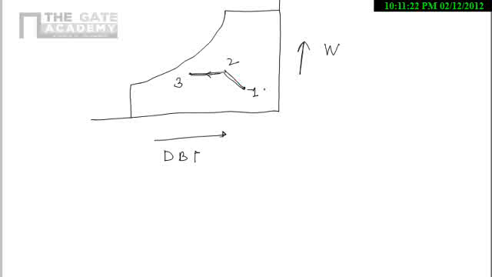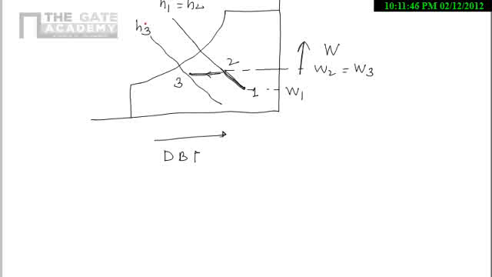Here for 1 we have W1, and for 2 and 3 we have W2 equals W3. Similarly, it's a constant enthalpy line. So here we have H1 equals H2, and here we have H3.